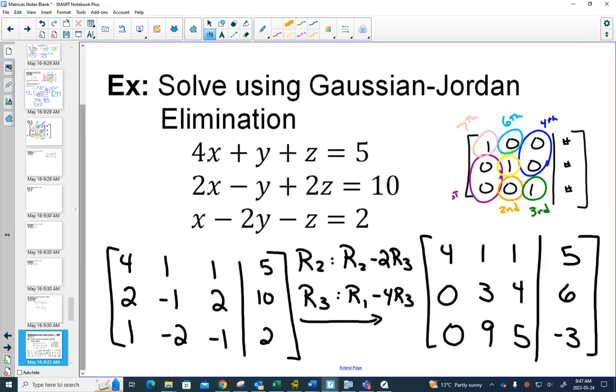As far as remembering the steps, what we are doing here is the same as what we would do if you were solving this 3 by 3 with normal substitution and elimination. You would choose one of the variables to get rid of first.